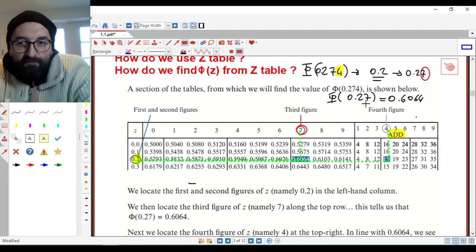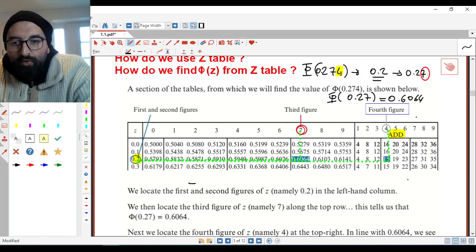15 means for the fourth figure, which means you have to add 0.6064.